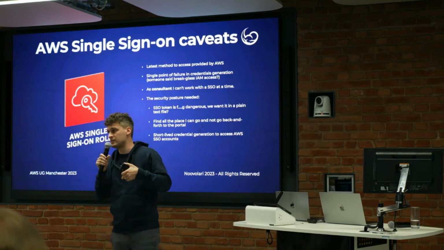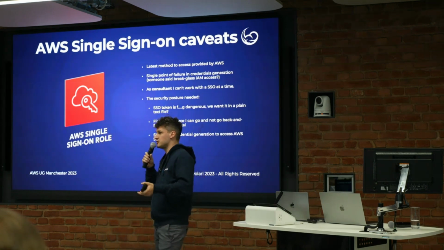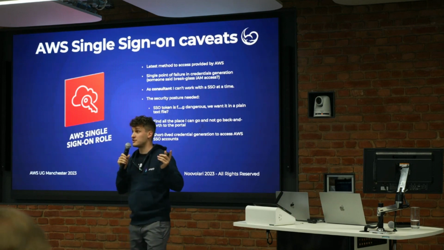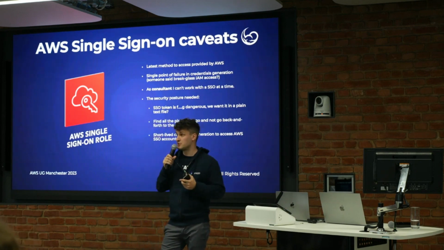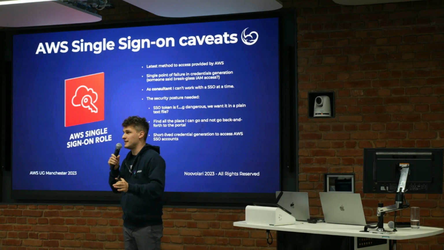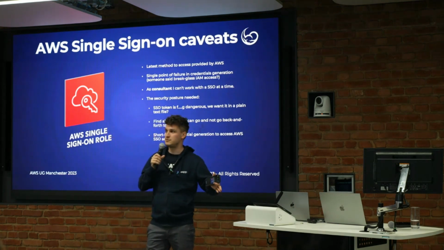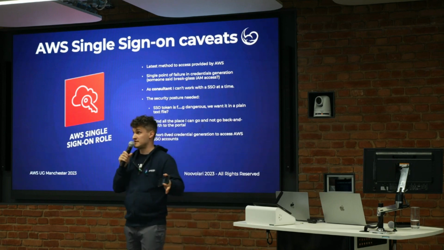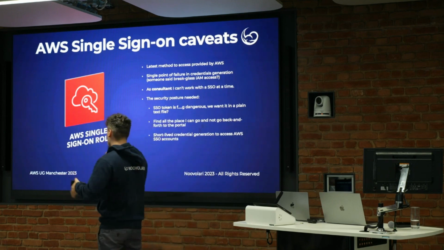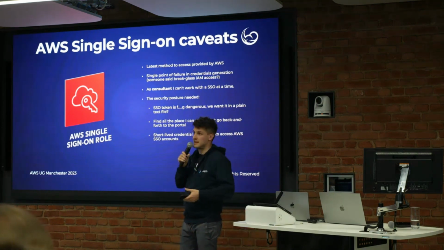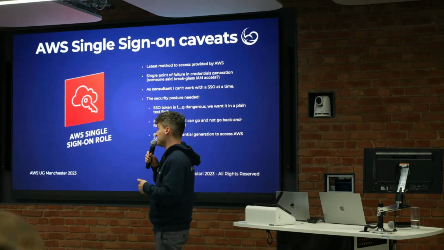And with that token, you can access not a single account or a role, but all the accounts and roles that you can access. So that token to me is too sensitive. I want to store it encrypted in my system vault, and then generate short-lived credentials only for the credential that I need. So this is a big point to me.